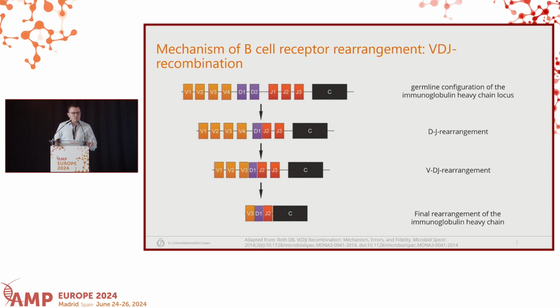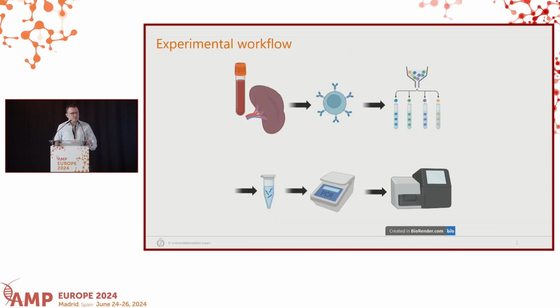And then the final rearrangement obviously also has a constant region, which can be, and we mainly focus on IgM, IgG, and IgA because of their abundance and importance in immune responses. So this is basically our workflow.